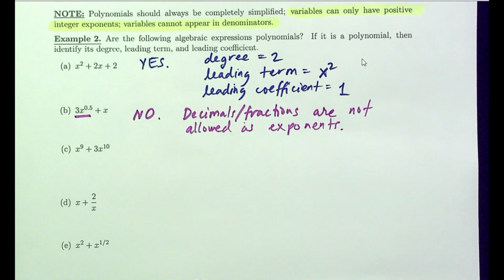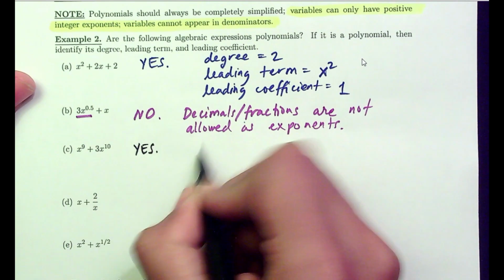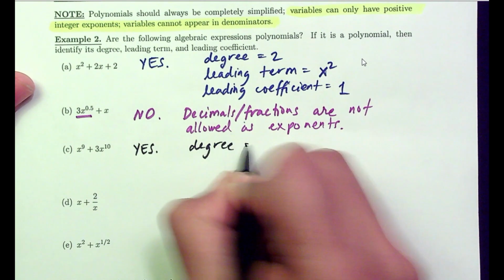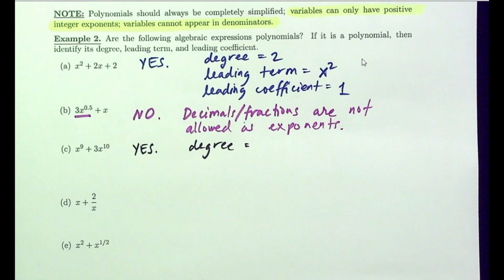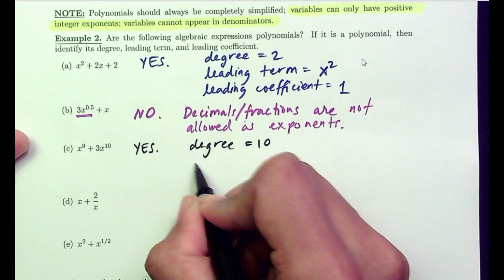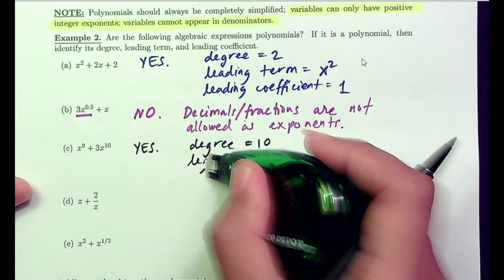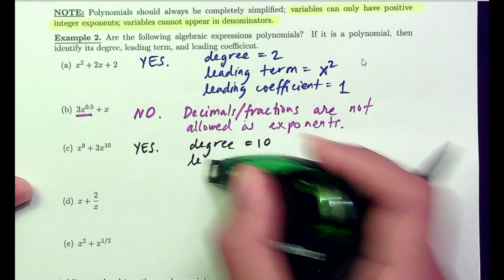Okay, how about the next one? Is that a polynomial? Yes or no? Okay, the next one is a polynomial. What is the degree? The degree is the highest exponent for the variables that you see. So actually the degree is 10. And the leading term is related to that degree, it is the term that has that exponent 10.